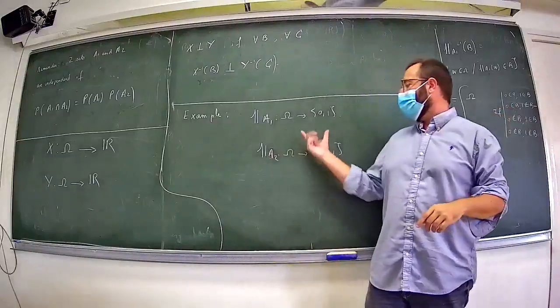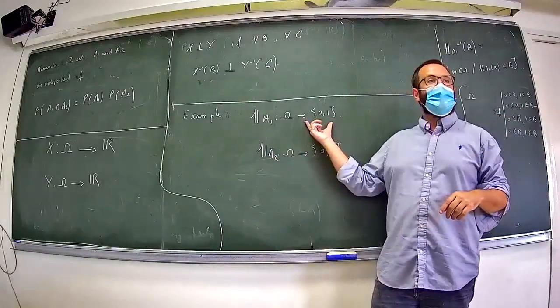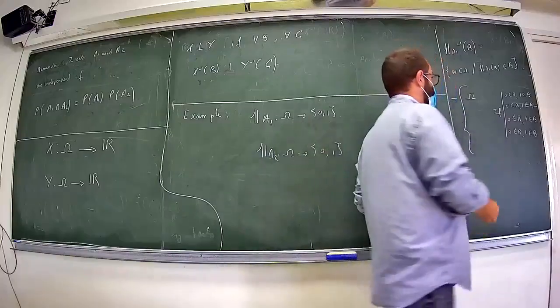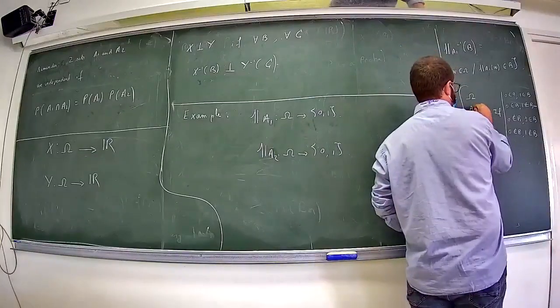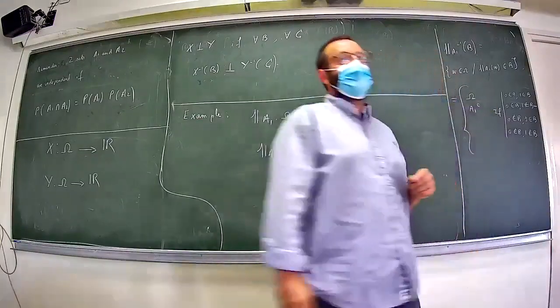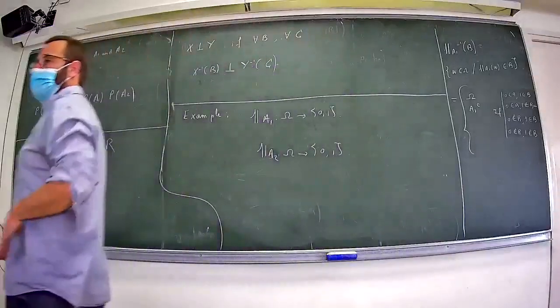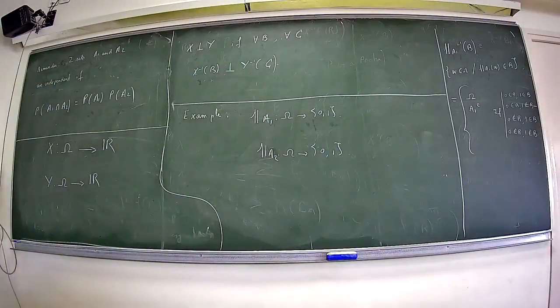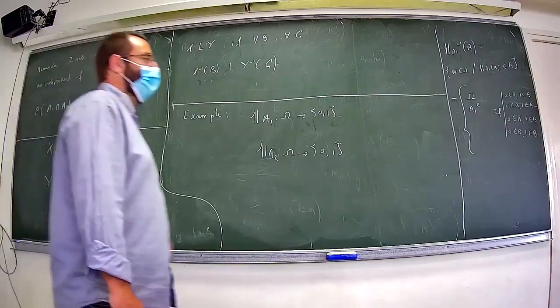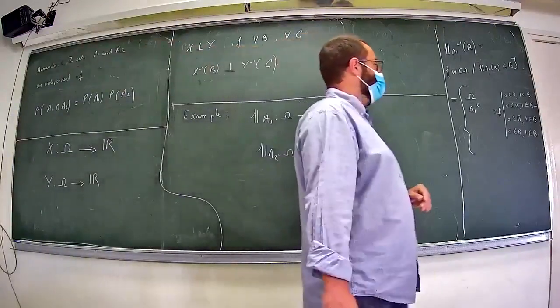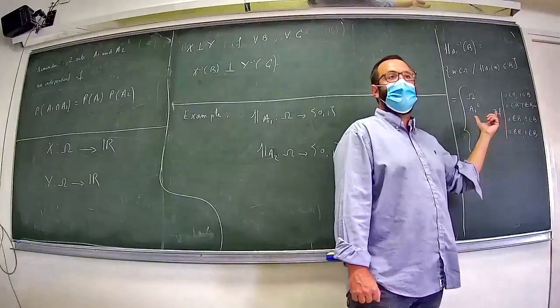I can take 0 as a value if I am in A1 complementary. Because it's the case where my values are 0. So the preimage of B, if 0 belongs to B and 1 doesn't belong, is equal to A1 complementary.